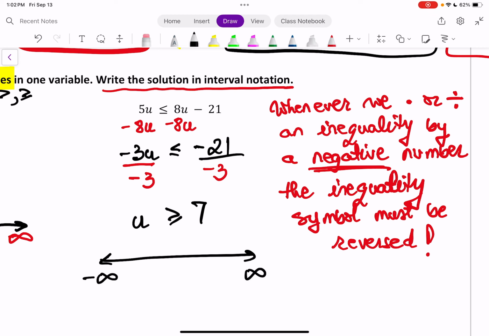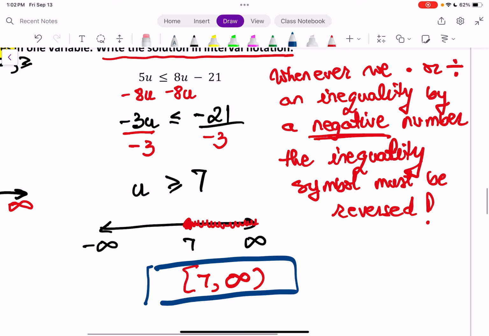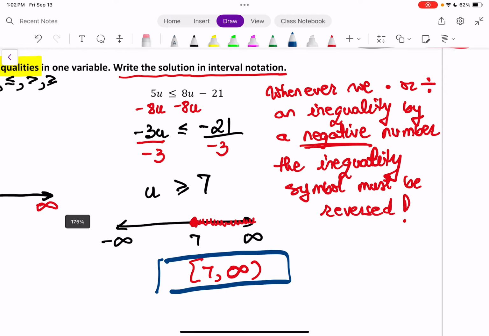So here's my number line, and here is my number 7. The values I'm looking for are greater than 7, so to the right of 7, or 7. So 7 is included in my answer. So this is the answer, therefore. Bracket 7 all the way to infinity.